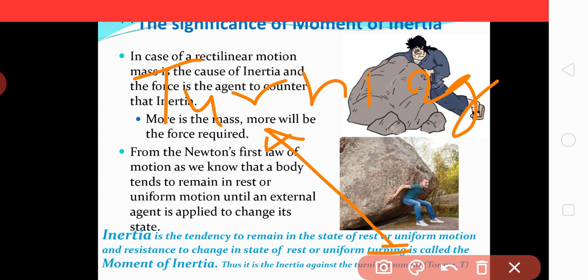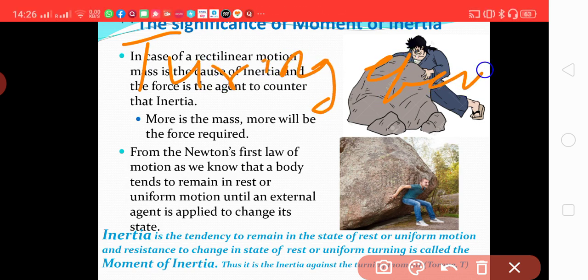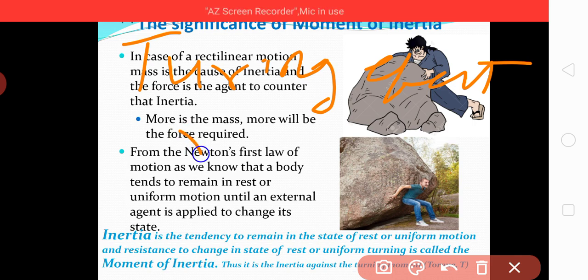It is the moment of inertia, and thus it is the inertia against the turning effect or torque. What I told you earlier, the turning effect of a force is called moment.